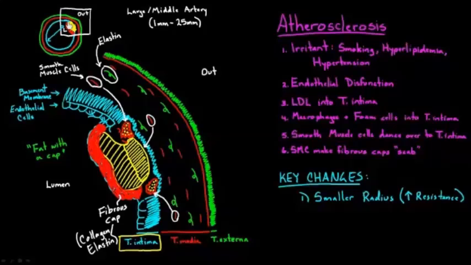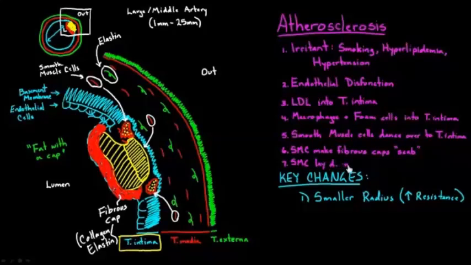And the other change, and this is actually quite interesting, is that the wall itself is tougher. It's more stiff. And one of the other things I didn't talk about too much, but maybe I should say very quickly right now, maybe even a step 7, is that the smooth muscle cells lay down calcium.